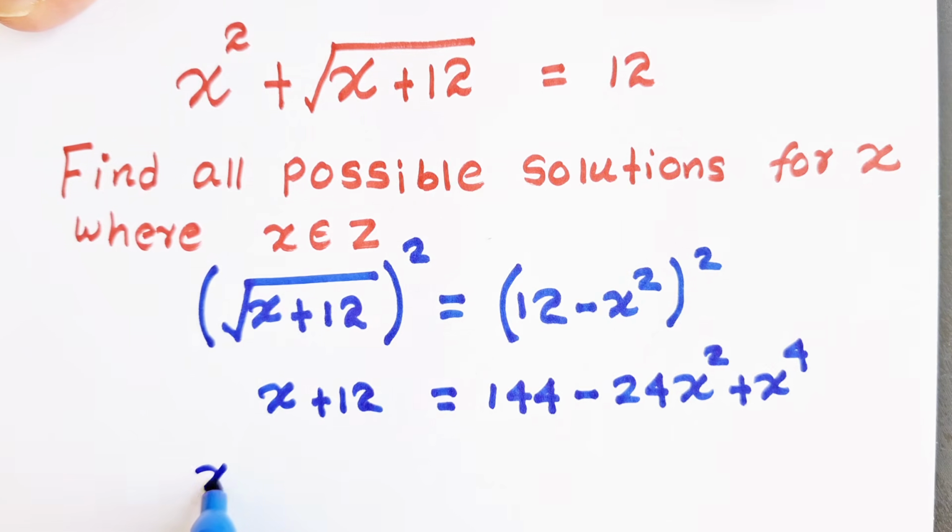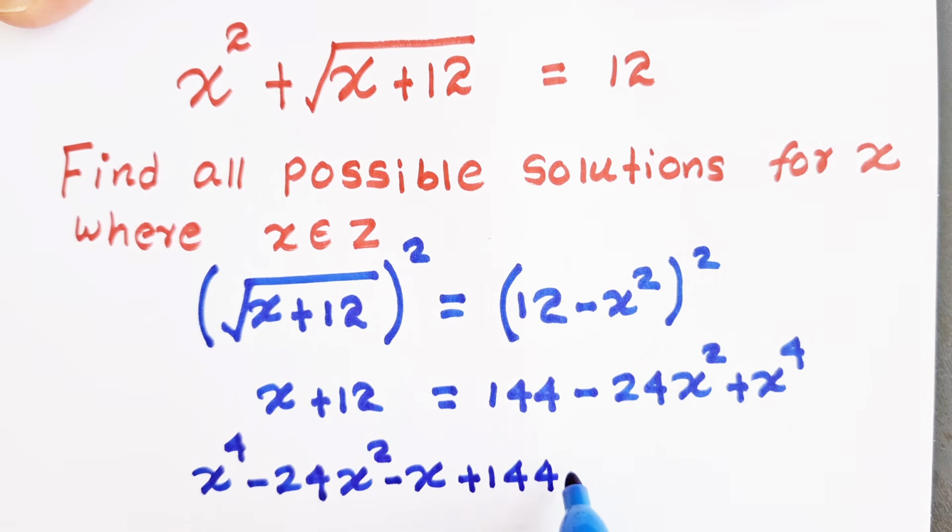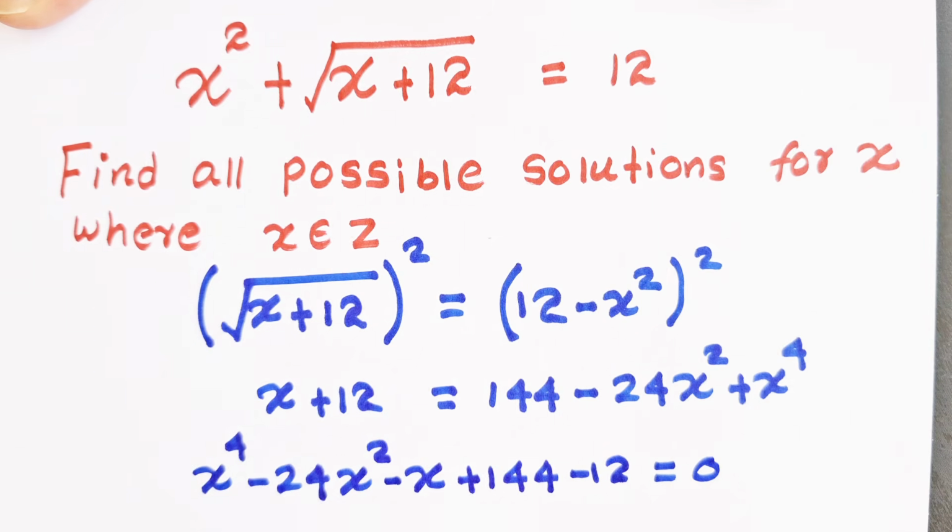So if you take all the elements to one side, you will have x to the power of 4 minus 24 times x squared minus x plus 144 minus 12 equal to 0. Now this is a fourth degree polynomial equation and a little bit hard to solve in this way.